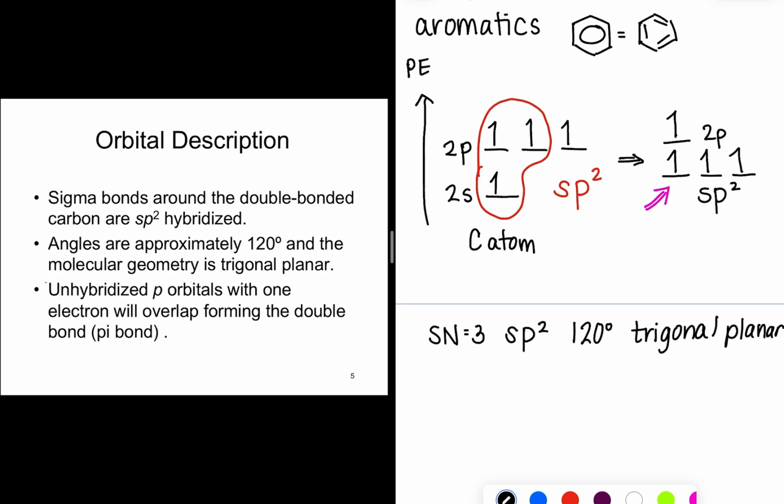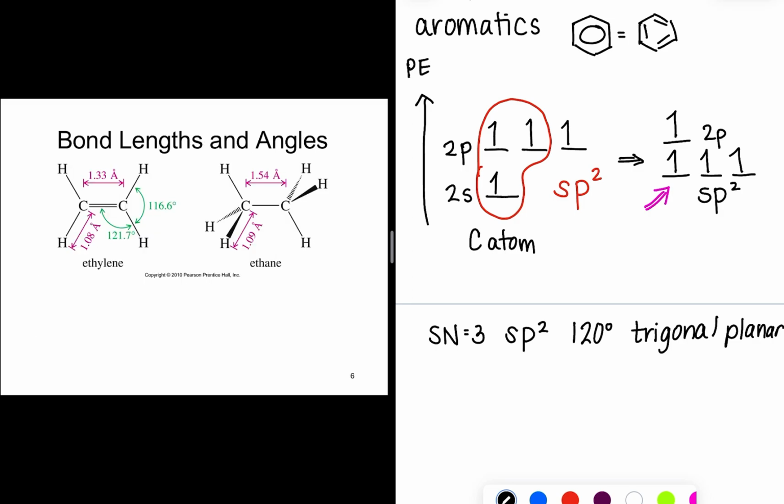Here again, the unhybridized p orbital with one electron will overlap, forming the double bond. So it turns out that the double bond is shorter than the single bond.